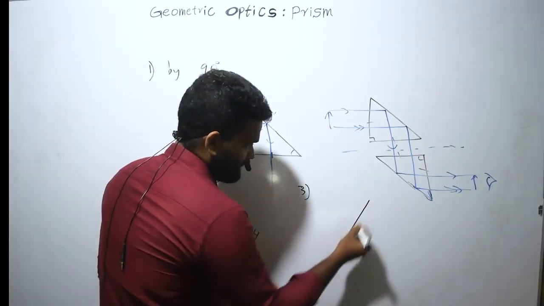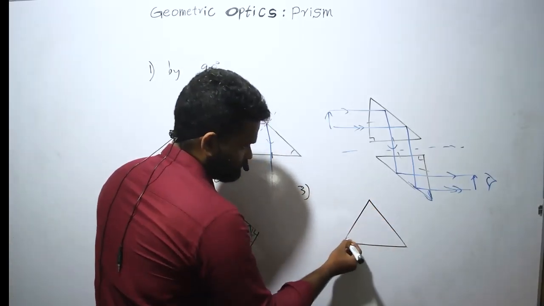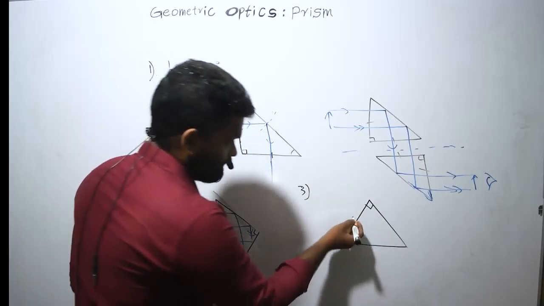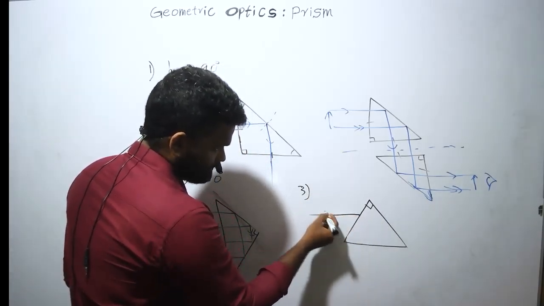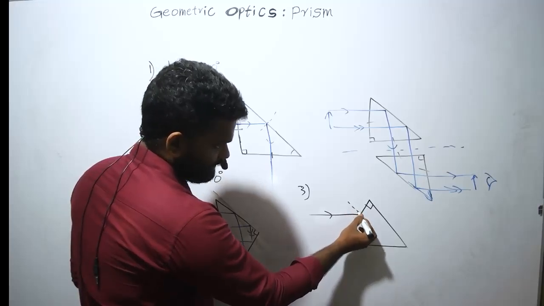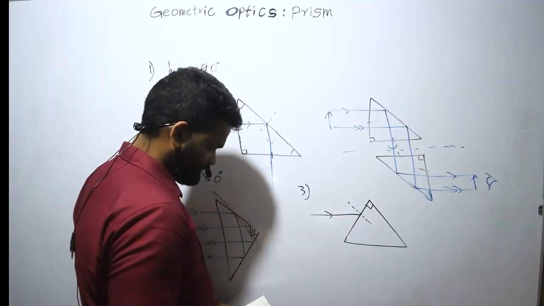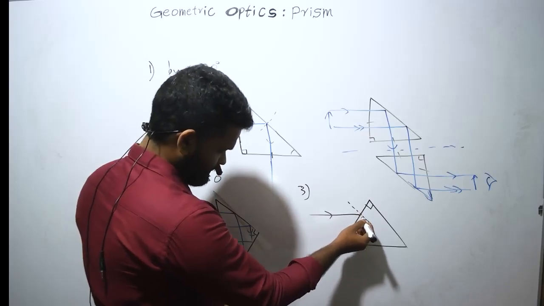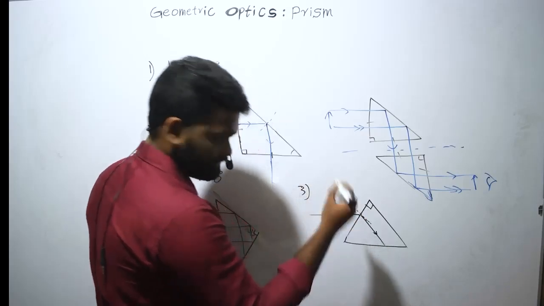So let's say you place the isosceles prism like this. A ray comes like this. What happens? Normal. It refracts like this, right?